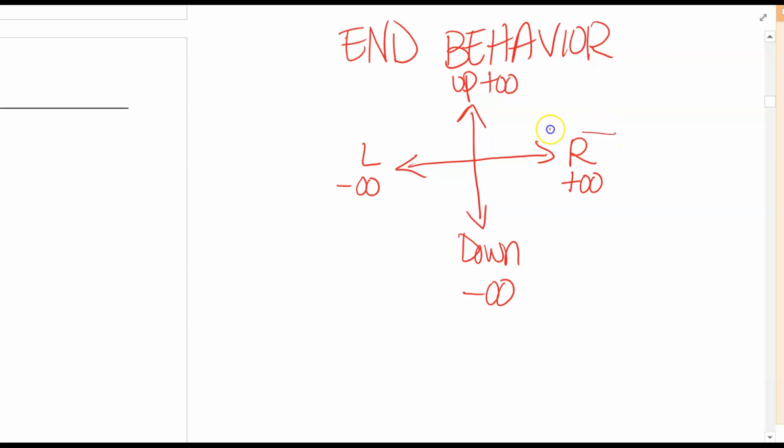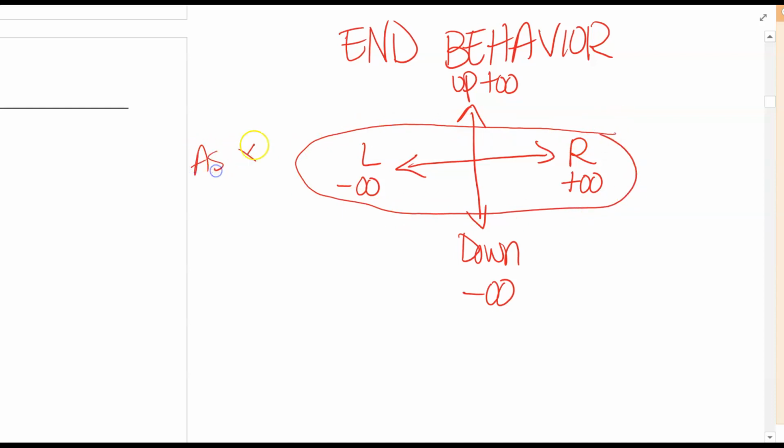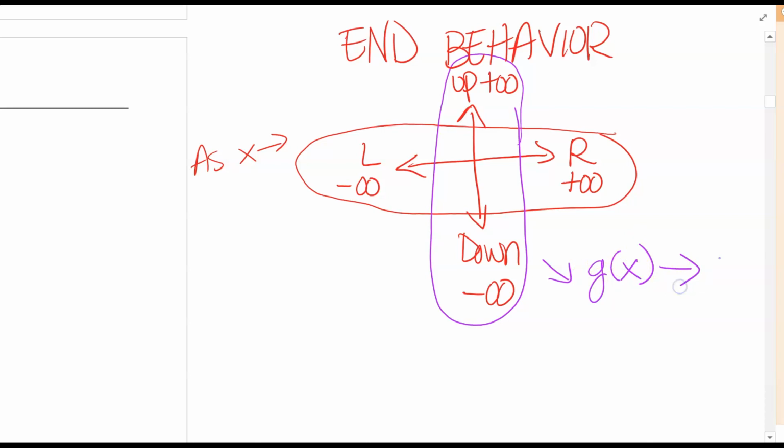I'll say this part, left and right, are the "as x approaches." And the ones going up and down are your g of x functions. So the left and the right, the end behavior is "as x approaches."